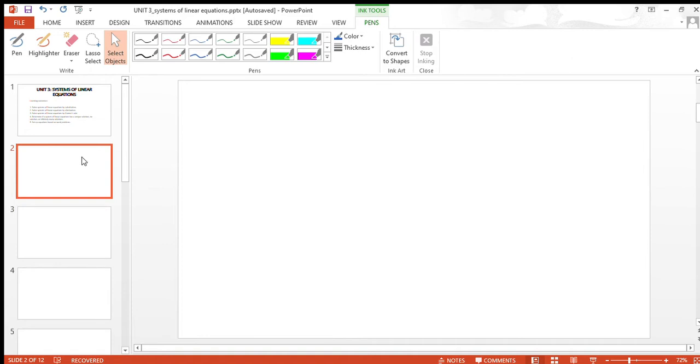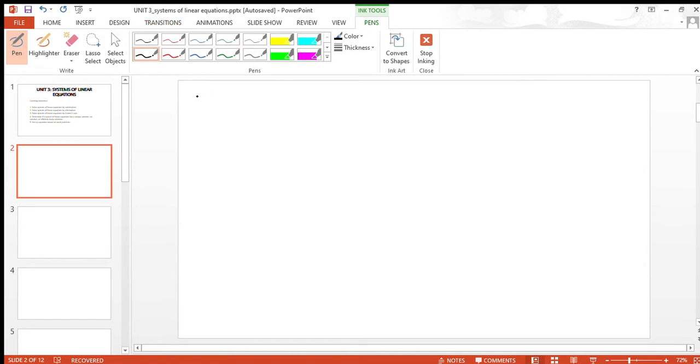But anyway, to check if your solution set is correct, just substitute the ordered pair to every equation. Now let's consider a second example for systems of linear equations in two unknowns.